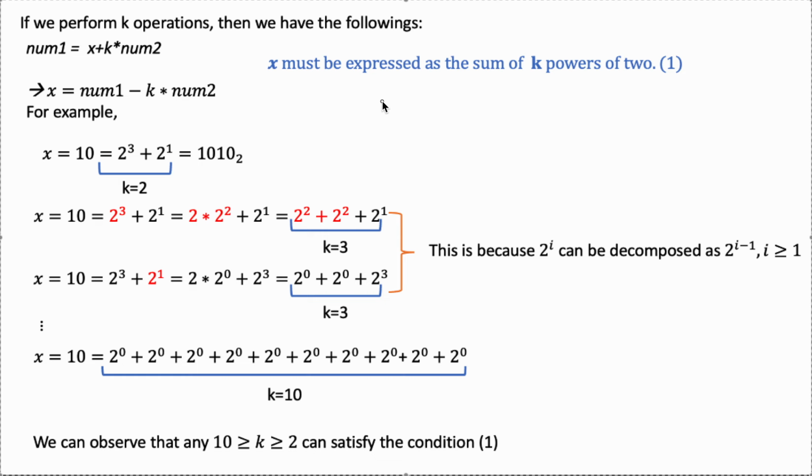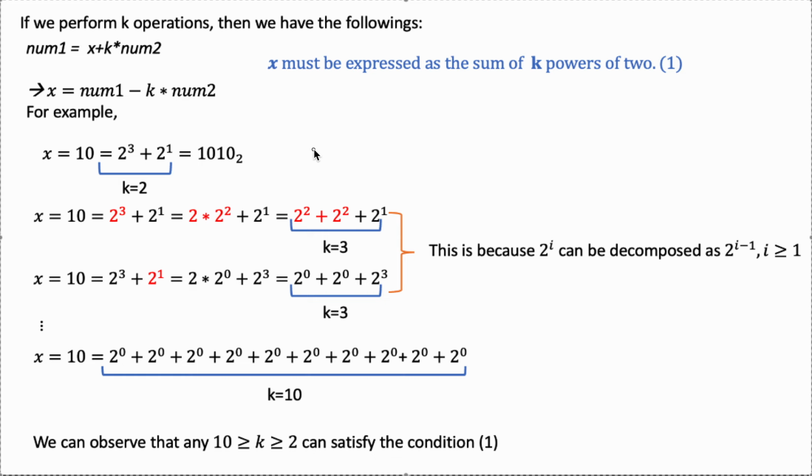Then our task is transformed into finding whether x can be decomposed into the sum of k powers of 2, right? Because in each step we choose a value of i and get 2 to the power i. So over k steps, we need to decompose x as the sum of k powers of 2.